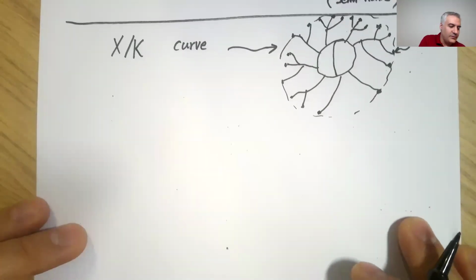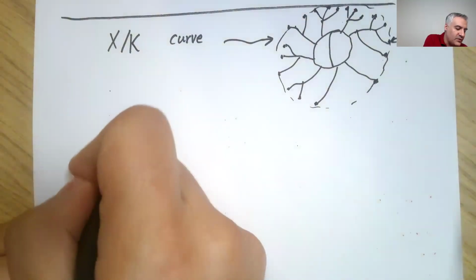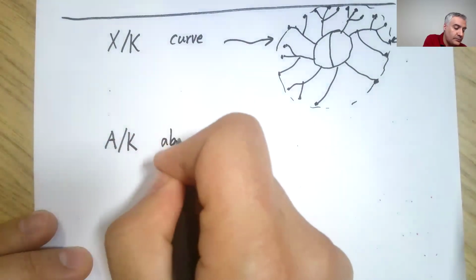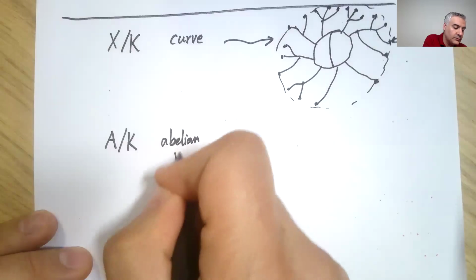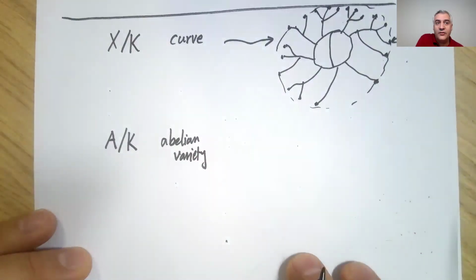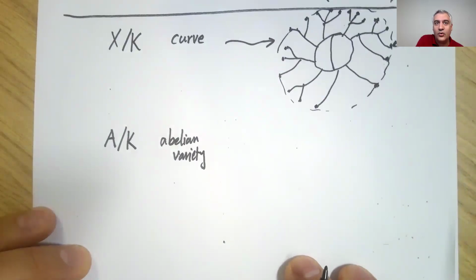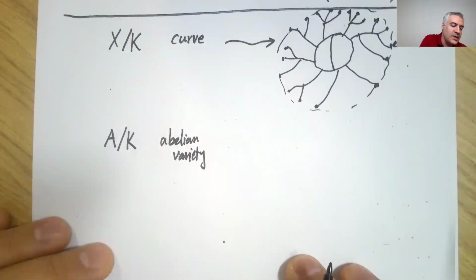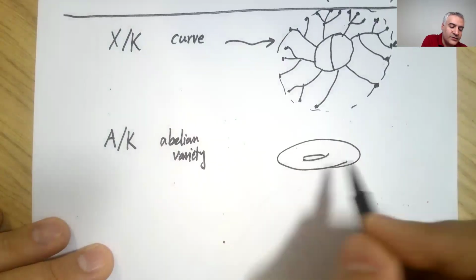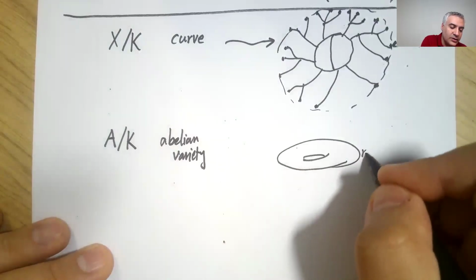And maybe more importantly for this talk, if you have an abelian variety, which is my situation, basically, if you analytify an abelian variety over the complex plane, you get a so-called complex torus, C^g modulo lambda. And here you're going to get a real torus of some dimension. So this is a real torus.